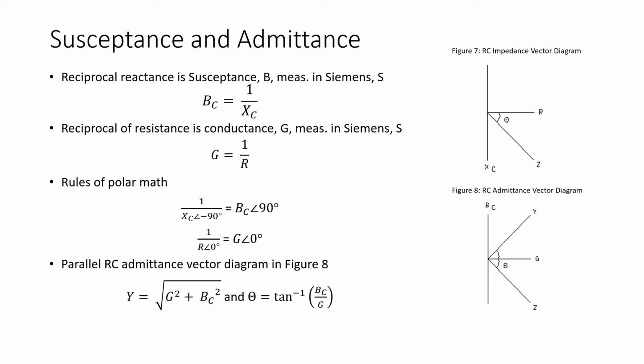And the phase angle is the inverse tangent of B sub C over G. And of course, Z equals 1 over Y, so referring to the vector diagram shown in Figure 8, if Y is in the first quadrant, Z will be in the fourth quadrant.